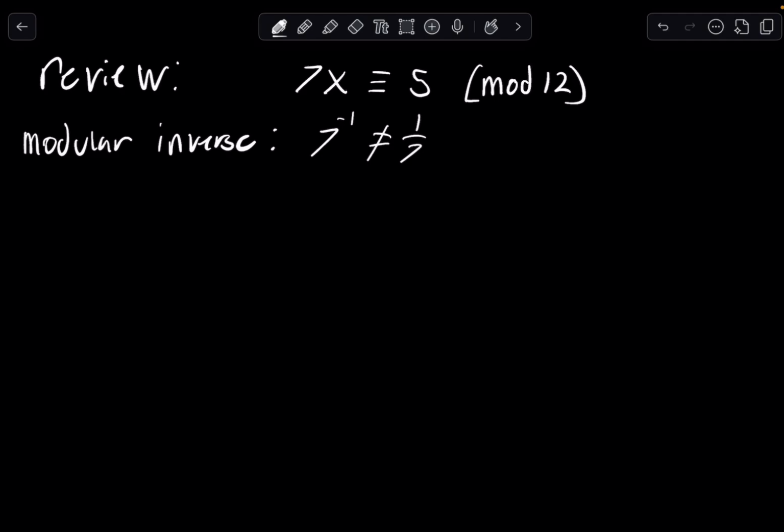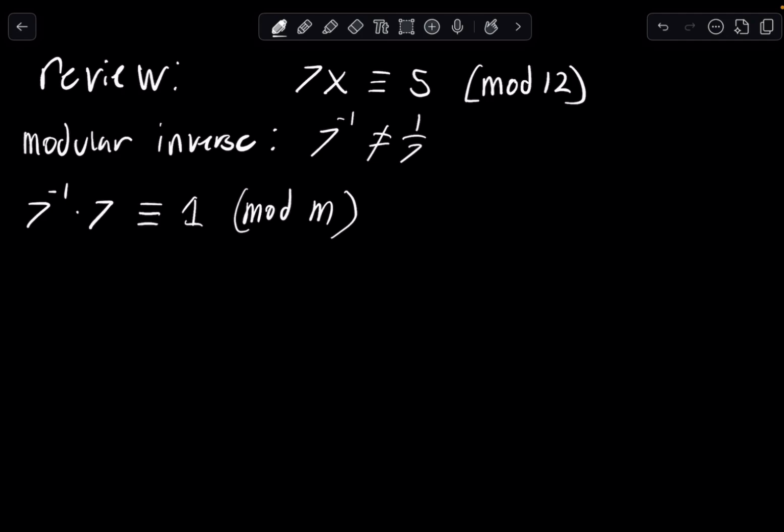And the definition for modular inverse, or why we find this, is because if we take the modular inverse times 7, which is a in this case, if you remember the definition of a linear congruence, it'll become congruent to 1 in mod m, or whichever mod we were in for that inverse.